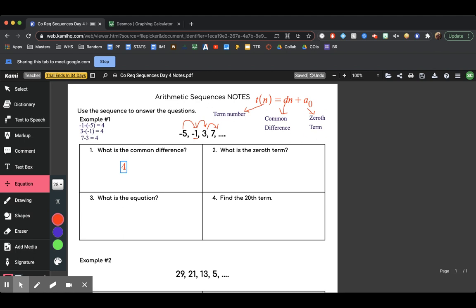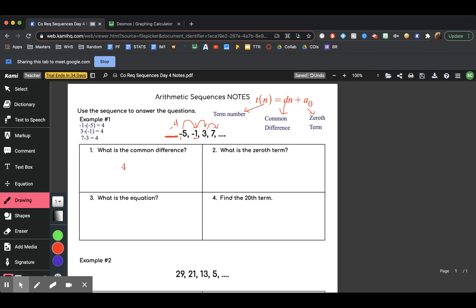Now, to find the zeroth term, what we need to do is work backwards. Okay, so now I want to know what is happening. What is the number before the first term? Okay, so if the common difference is telling me that we are adding 4 each time, or we're moving 4 in the positive direction, then what I need to do to find the zero term is subtract 4, because that's the opposite of adding 4.